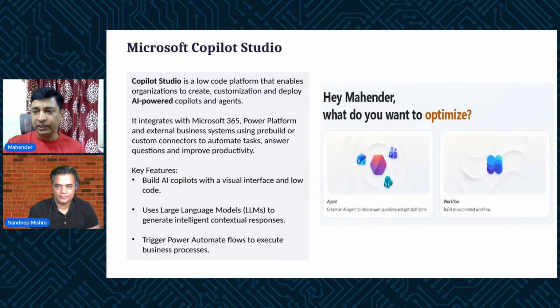Now we are going to use the AI capability, and the tool that we are going to use is Microsoft Copilot Studio. So what is Microsoft Copilot Studio? In a very simple way, Microsoft Copilot Studio is a low code tool that helps us to build AI agents.